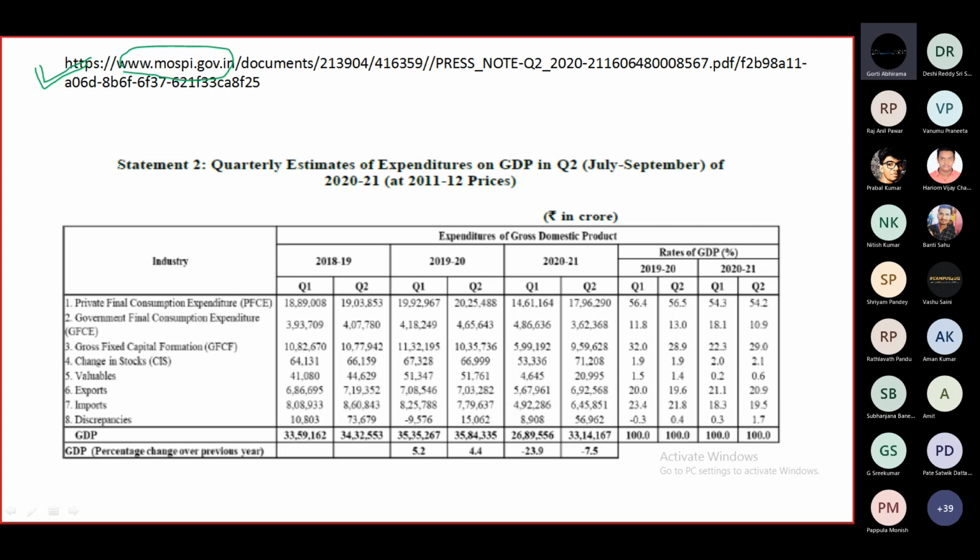So we are using this terminology GDP, that is your gross domestic product, though we'll define it as well as we'll see how to measure it.